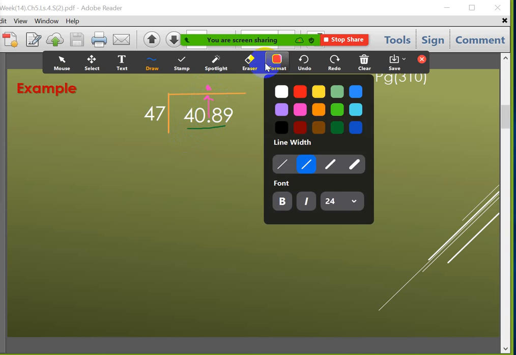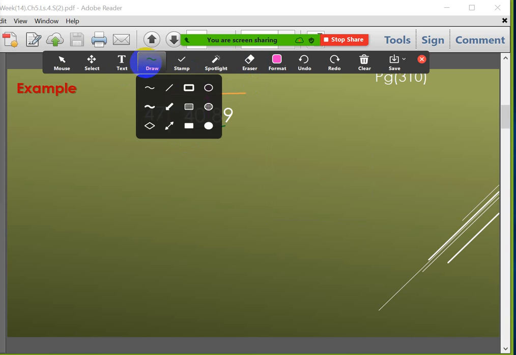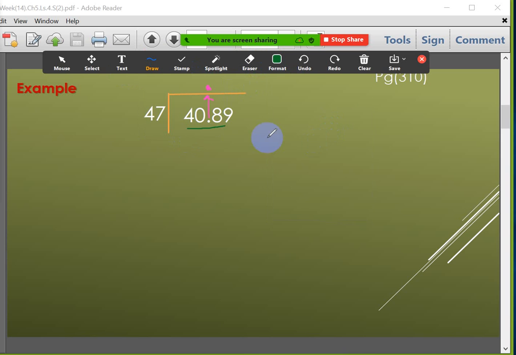Okay? But what about the ones here? What about the ones? We move to the tenths digit. What about the ones? Very good. The ones will be 0, because we are now dividing a tens number. We took the 8, which is the tens digit. That means we can divide the ones.